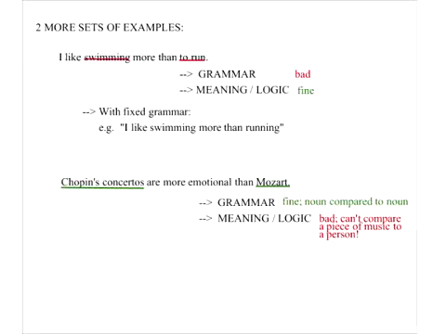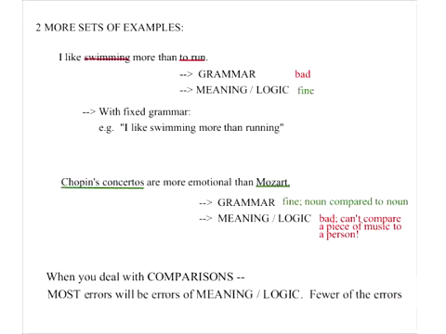Regular parallelism has a lot of grammatical inconsistencies, but when you deal with comparisons, the vast majority of errors will be errors of meaning or logic. Fewer of them will be grammatical errors. So if you are just looking at grammar, then most comparison errors will go right over your head. And it's important that you know that.